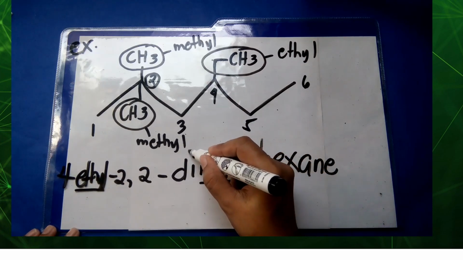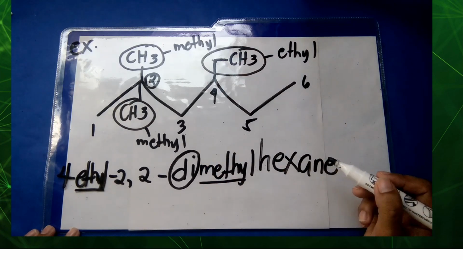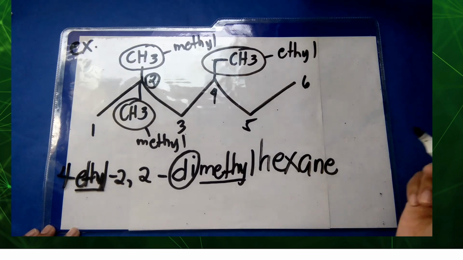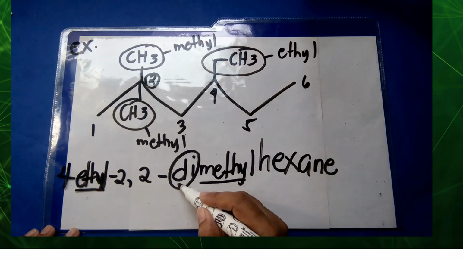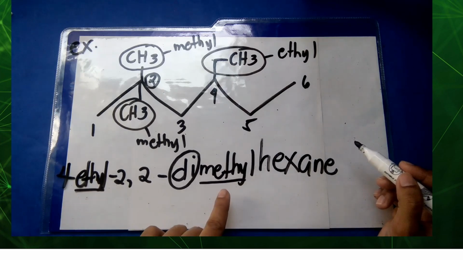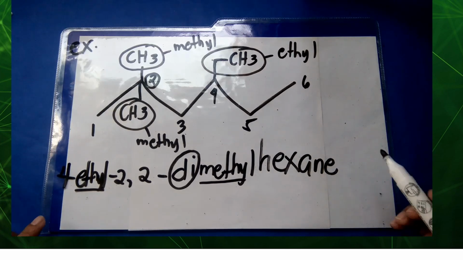So, the prefix di is not included. Again, only the substituents are arranged in alphabetical order. The prefix is not included. So, ethyl comes first before methyl. So, the arrangement we made is correct.